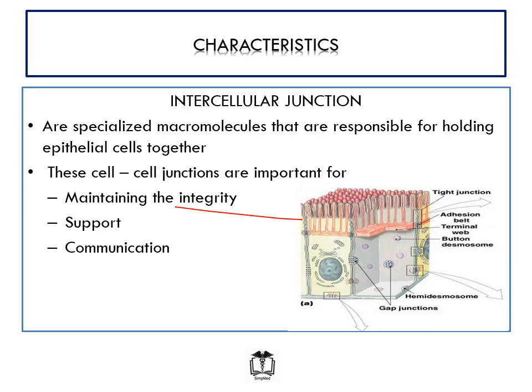Aside from maintaining integrity, the intercellular junction also serves as a form of support, and it confers communication between each of the cells. One cell can communicate with another cell by virtue of specialized forms of intercellular junctions. For example, gap junctions are very important for communication between cells.